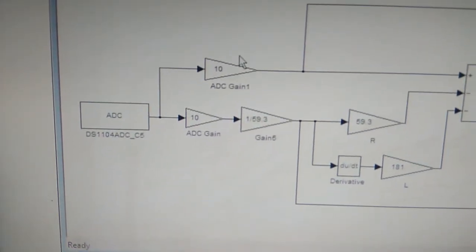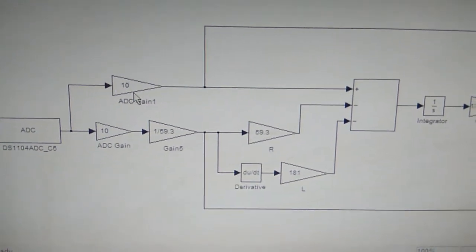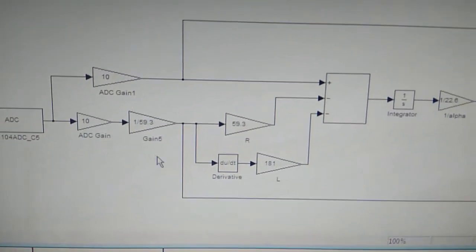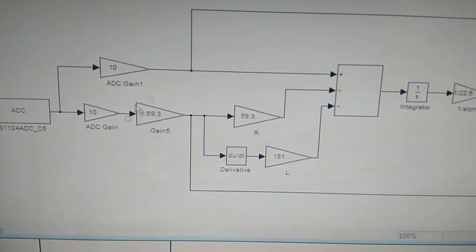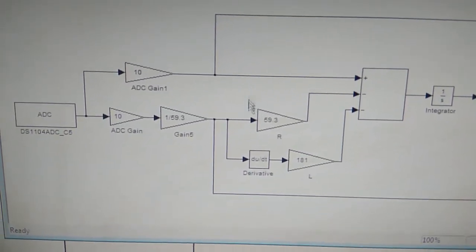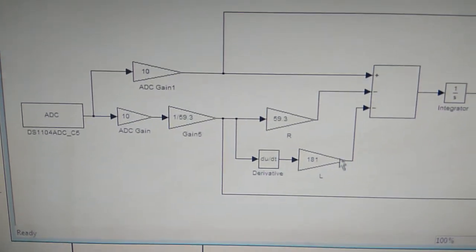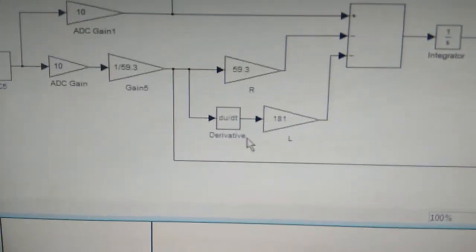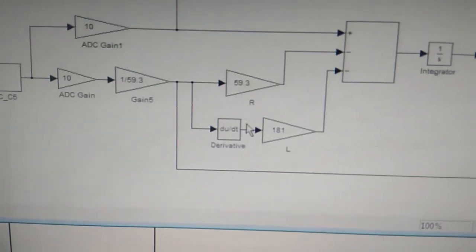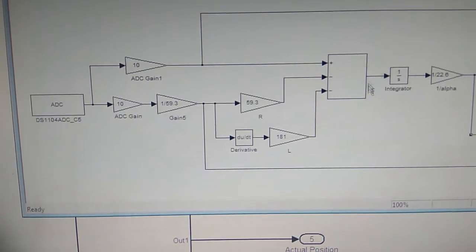This is a gain, nothing but a Simulink gain, typically used for the processing in dSPACE. This is the typical resistance gain for the voice coil. This is another constant which tells you the resistance of the coil. Here is another constant which tells the inductance of the coil. This is a derivative for the inductance, di/dt. All are nothing but sums.